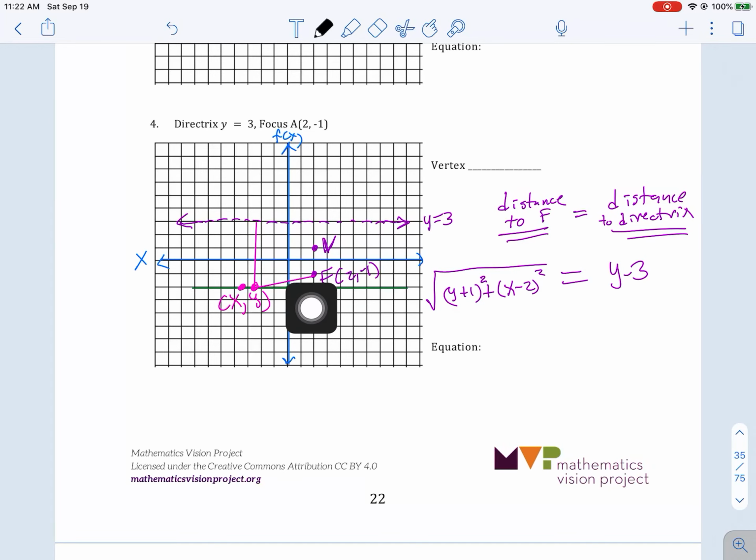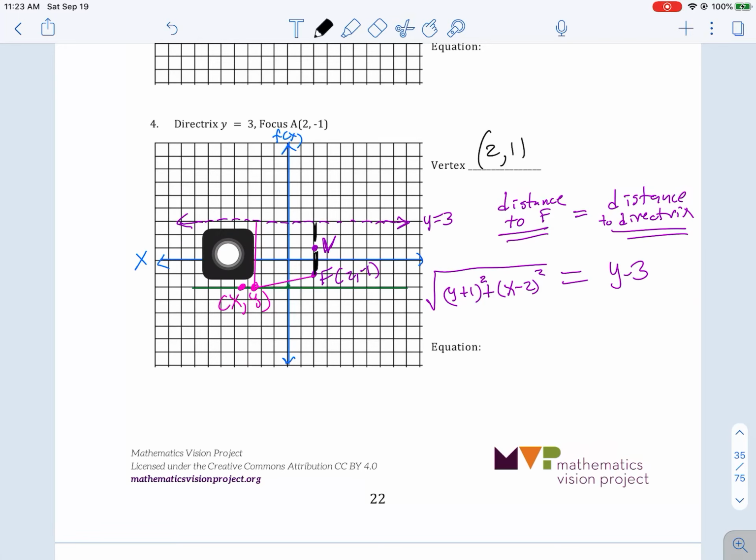Remember, the vertex is always halfway from the focus to the directrix because the distance from the point to each has to be equal. So therefore, our vertex is halfway, and our vertex is at 2, 1. Now, the distance is the same. The distance from this point to the focus, I can use the distance formula.